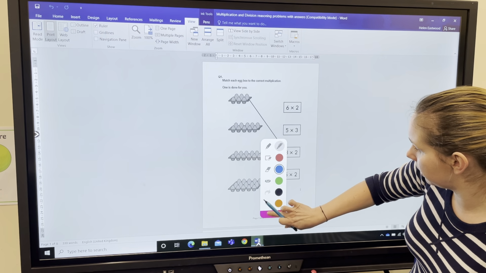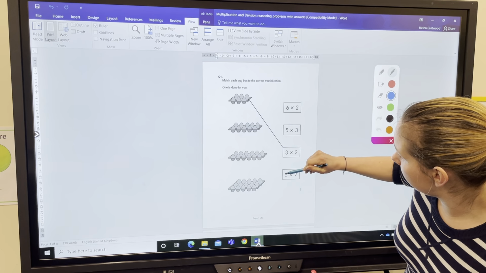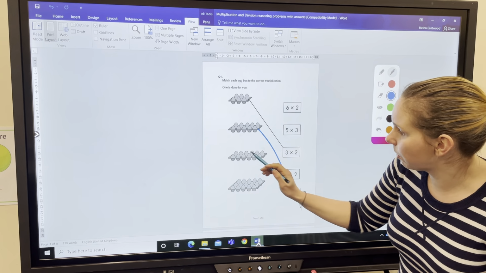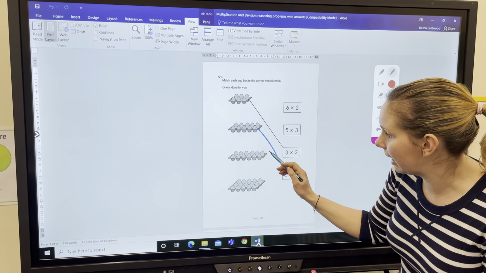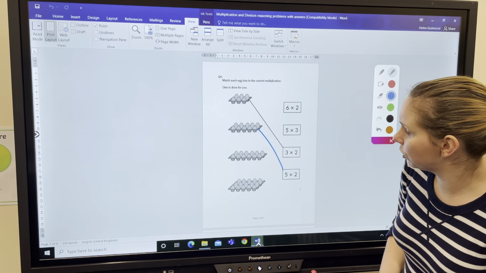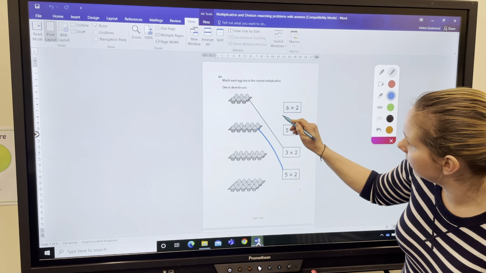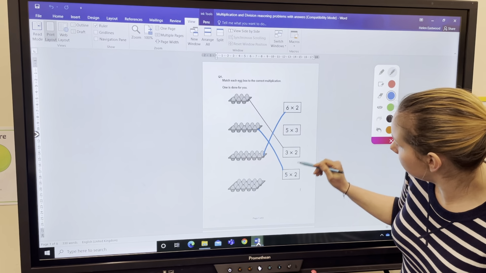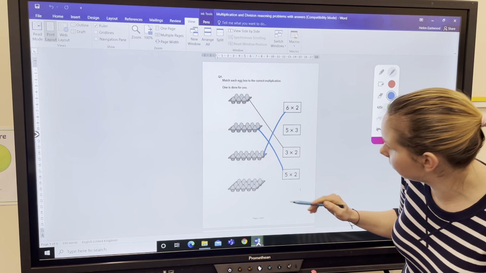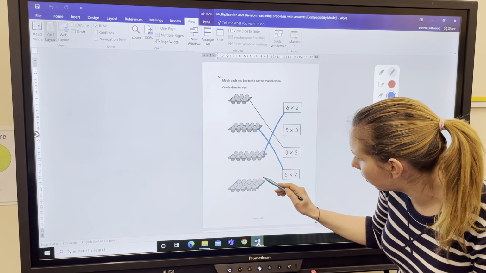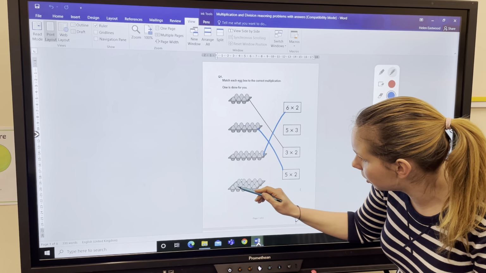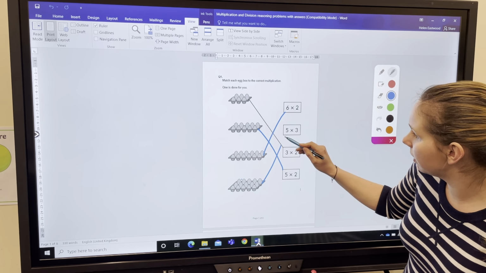I'm going to use blue today. 5 multiplied by 2. Now this one we have 1, 2, 3, 4, 5, 6. And I can see we have 2 rows, 6 lots of 2. There we go. Here we should hopefully have 5 lots of 3. I've got 1, 2, 3, 4, 5 columns, 1, 2, 3 rows, 5 lots of 3.